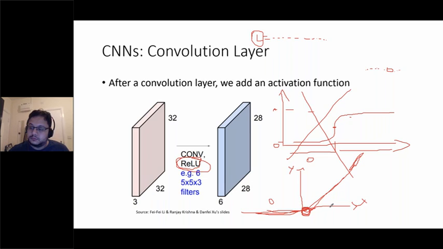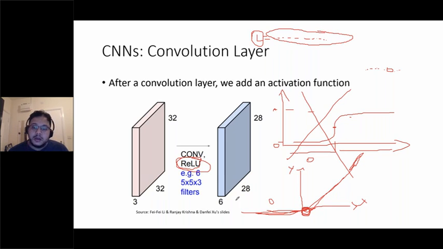Sorry, regarding the 0, it's clear. We can round it directly to 0 when we have small values. But for the positive, how can we compute the loss function here? The loss function is just a combination of multiple functions.